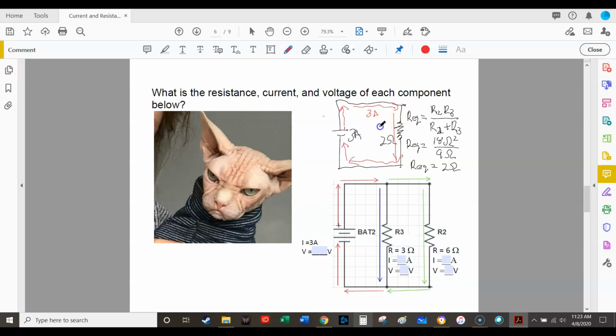That means the 2 ohm resistor is getting 3 amps. And then 3 amps goes through it and then comes back in.